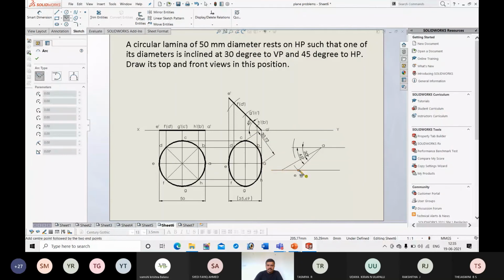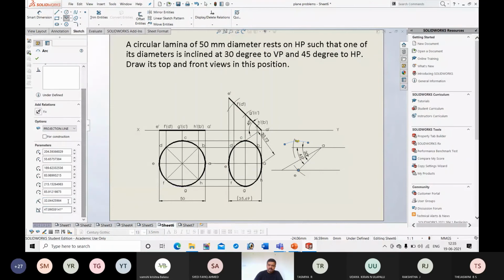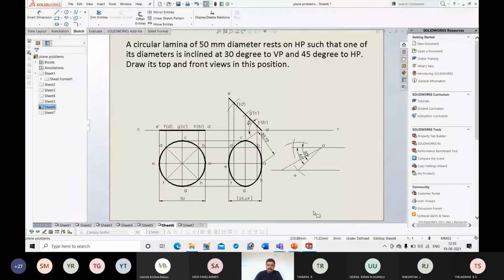So I will draw an arc. Similarly, on the other side, in order to get G, the radial distance between A and G will be 30.72.